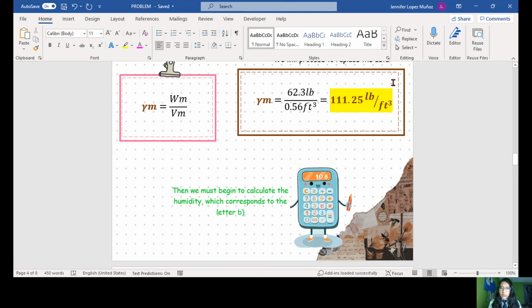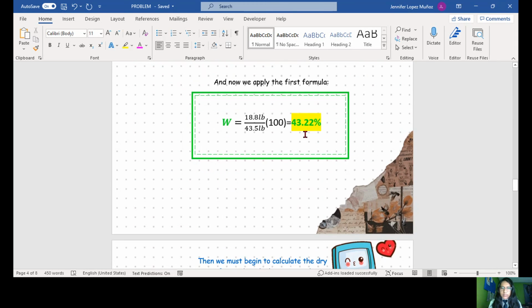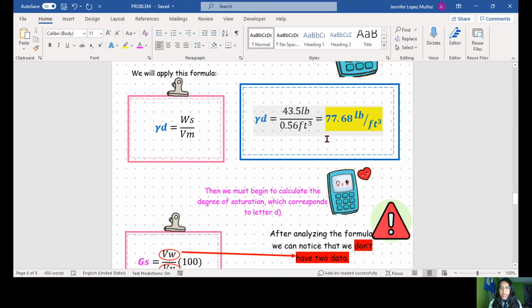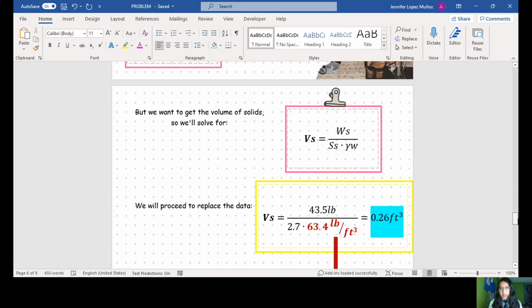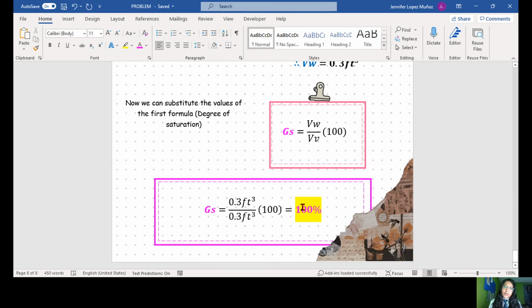One corresponds to the specific weight of the sample. Two corresponds to the humidity. Number three corresponds to the dry specific weight. And the letter D corresponds to the degree of saturation.